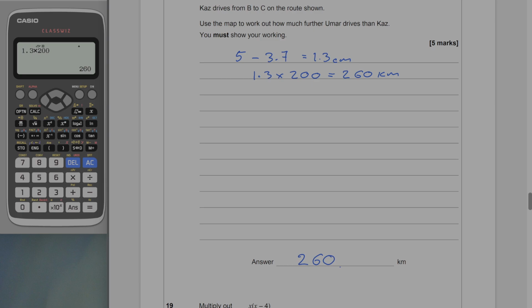Right, so the mark scheme says that if you're doing it in A4, the measurement should have been between 6.3 to 6.7 for AB. For B to C, for the first measurement, anything between 2.5 up to 2.9 was fine. And for the second part, anything between 1.8 and 2.2 was fine.